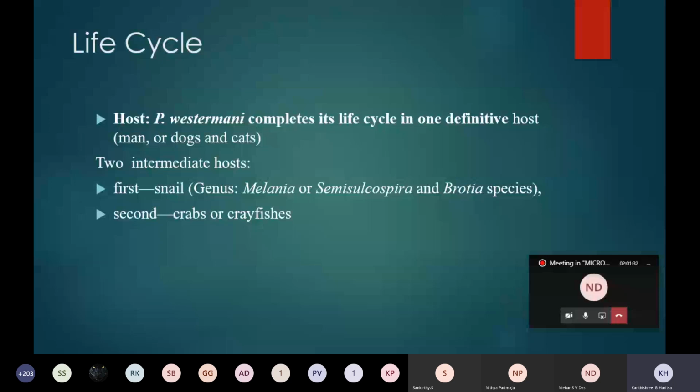Coming to the life cycle, the host. The definitive hosts are man, dogs or cats. Two intermediate hosts are present.